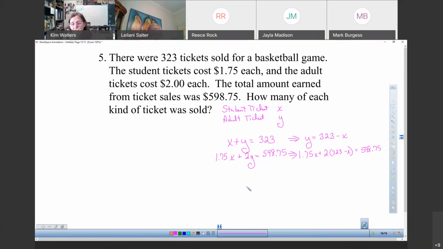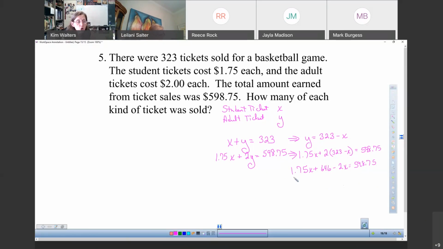And now I have my linear equation to solve. Yay. I know we've done these all the same way because they all will work the same way. That's one of my favorite things about these problems, they are very, very, very consistent in how you work them. So 323 times 2, I can't even do that right now, is 646 minus 2x is equal to 598.75.